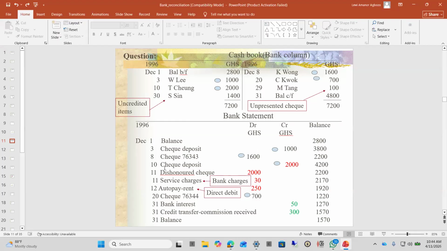But when you come to the bank statement, you can't find that check. Can you find it? No, sir. You see that it is not there. So it means that we issued this check to M. Tong, but he did not present the check to the bank so that the bank will pay him. So we need to add this back to our adjusted cash book as part of our reconciliation. Are we together? Yes, sir. Good.